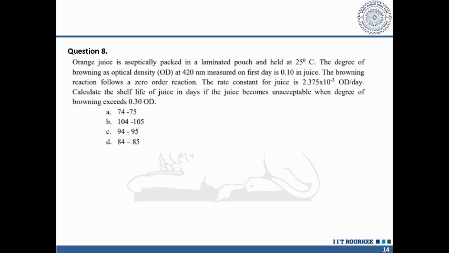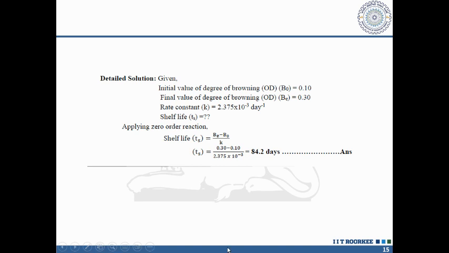Okay, so let me brief you. We have been given the initial value of browning, that is 0.10 optical density, and the final value, 0.30. The rate constant is 2.375 into 10 raised to power minus 3. So what is the shelf life equation?